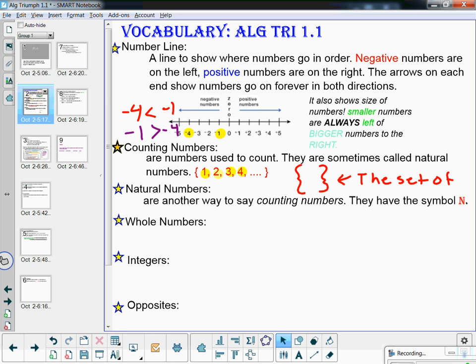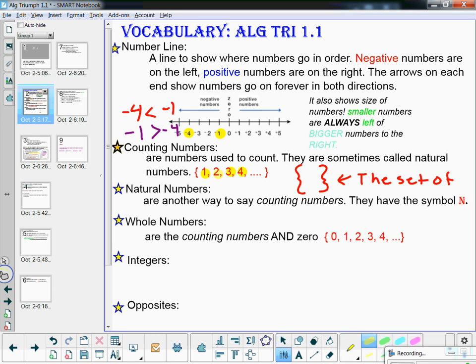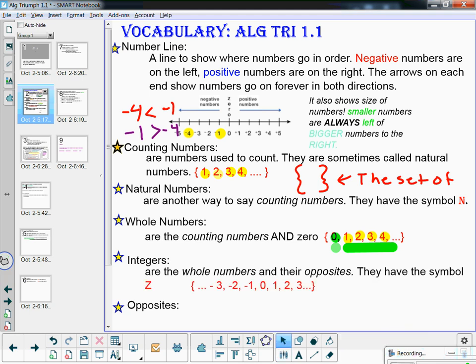Whole numbers are the counting numbers and 0. Whole numbers have the counting numbers 1, 2, 3, 4. They also have 0. Integers are the whole numbers and their opposites.